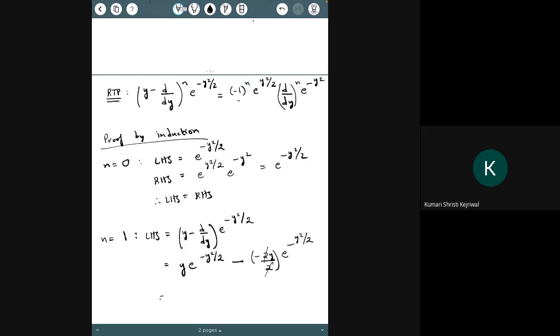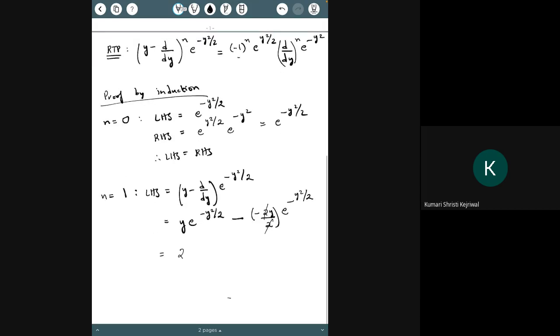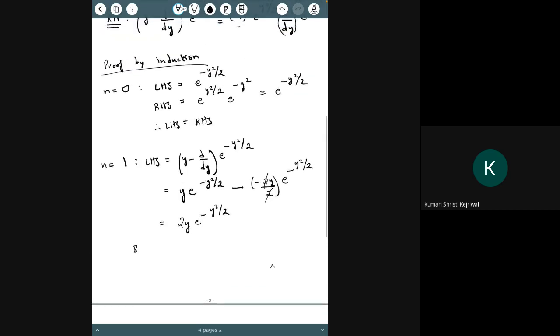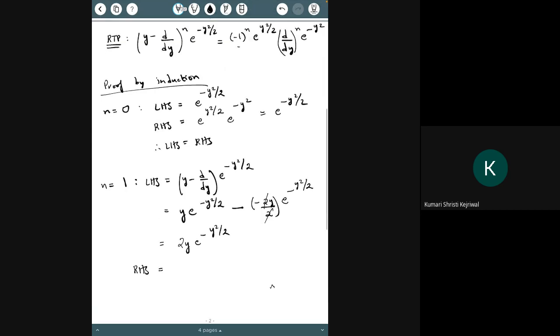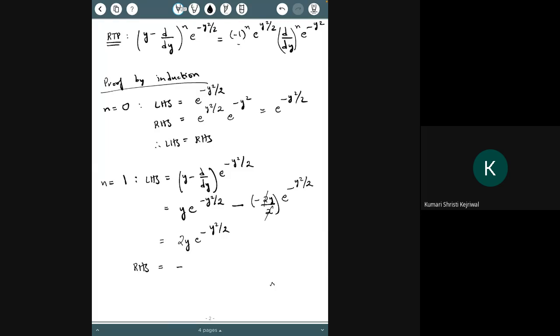Okay, so this is 2y e to the power minus y squared by 2. Okay, then let's do the right hand side. The right hand side is equal to minus 1, so there's a minus sign, then e to the power y squared by 2, then d dy of e to the power minus y squared.